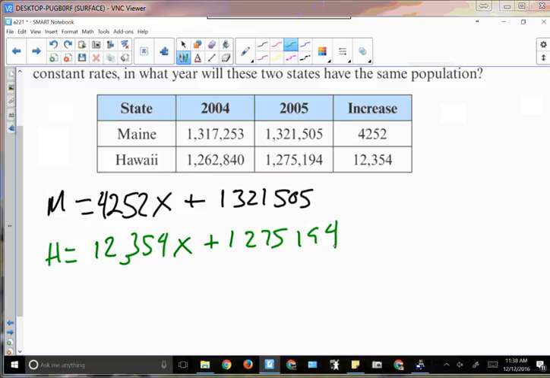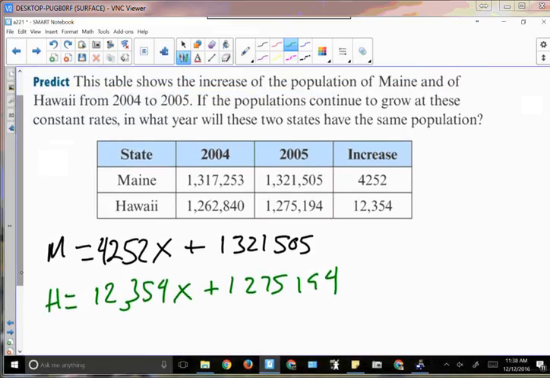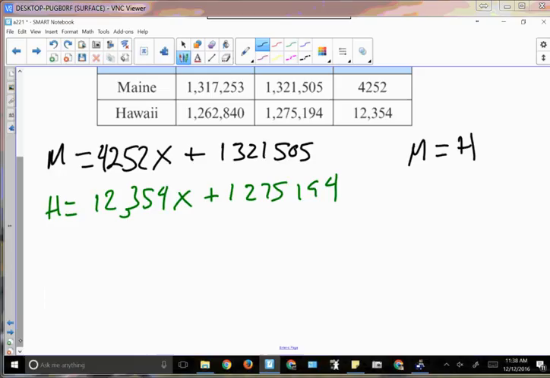Well, to be honest, we want these things to be equal to each other, right? We want this question, when is Maine equal to Hawaii, correct? Isn't that the question we want? So could I just go and set these equal to each other?